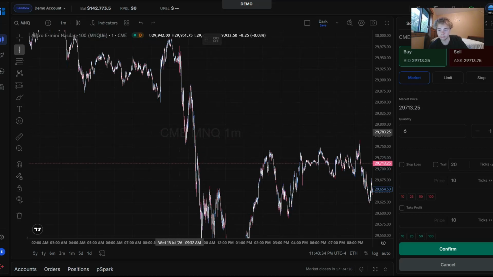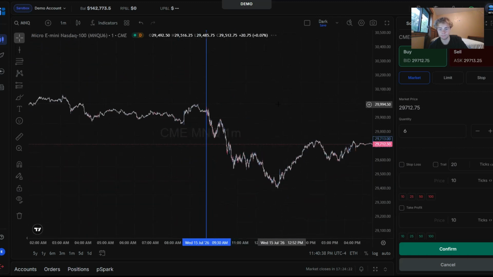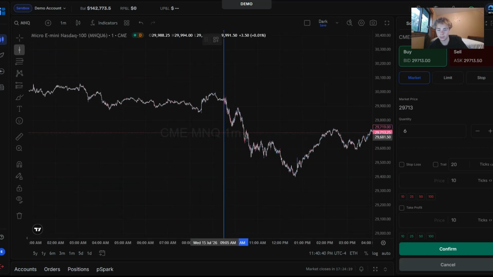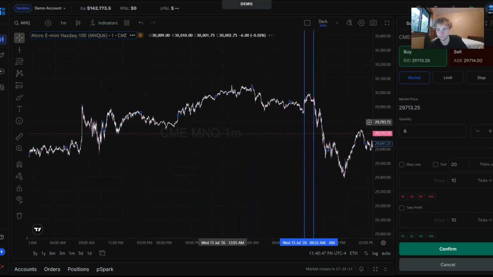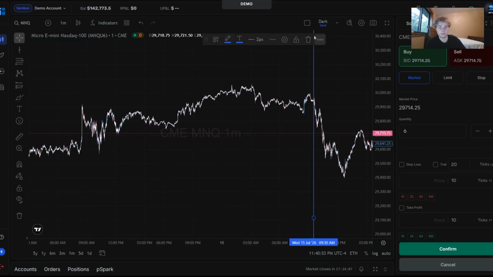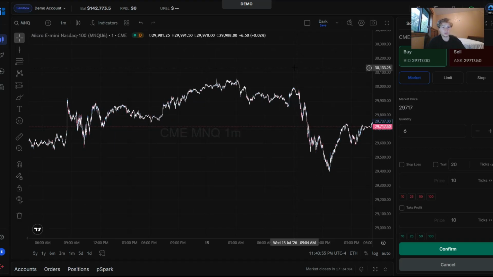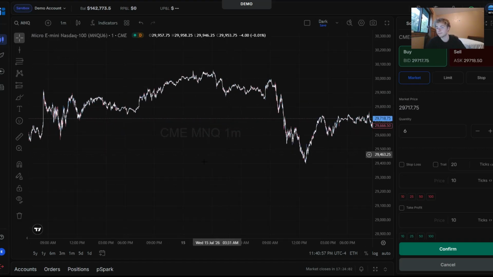So you can mark out New York market open, if you want to just get a better visual on that, New York pre-market, and so on for London and Asia. So that's just pretty much what you use vertical lines for, just marking out a certain point in time.